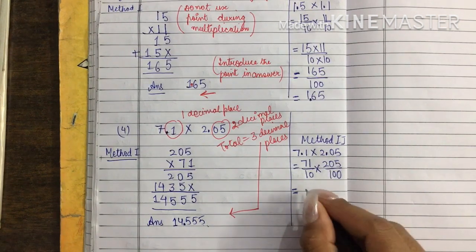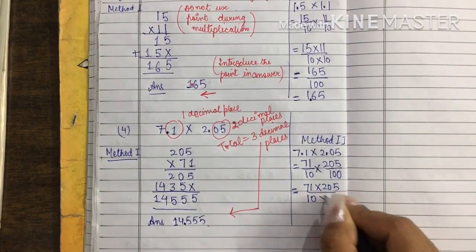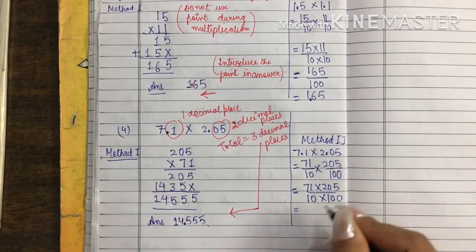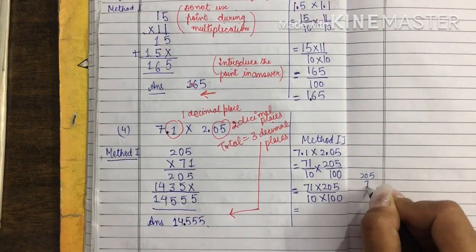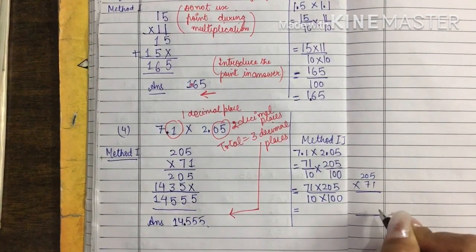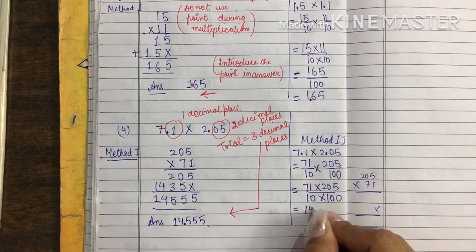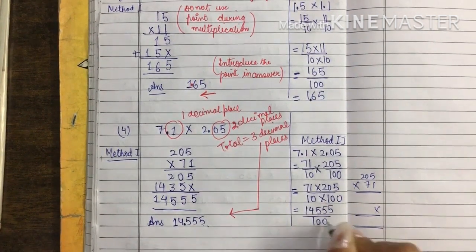They are very helpful. So 71 into 205 in the numerator, 10 into 100 in the denominator. From the numerator, when you multiply, you can use your working column for the multiplication and obtain the answer. The answer obtained is 14,555. In the denominator, you get 1,000.